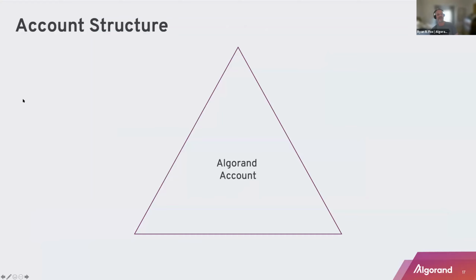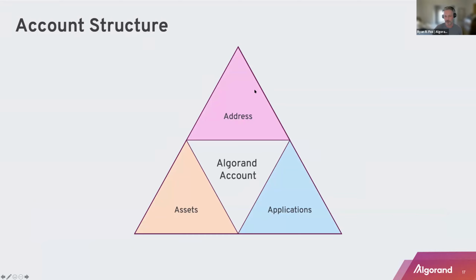We're going to take a look a little bit about what the account structure looks like for an Algorand account. So we saw what it looked like in code, and what we saw was the address piece. So we saw that long string of alphanumeric characters. That's the address.